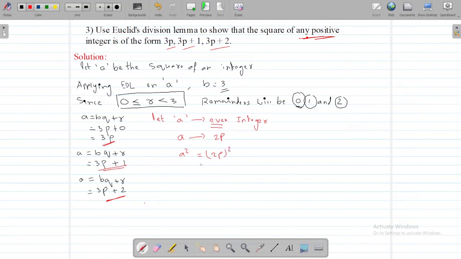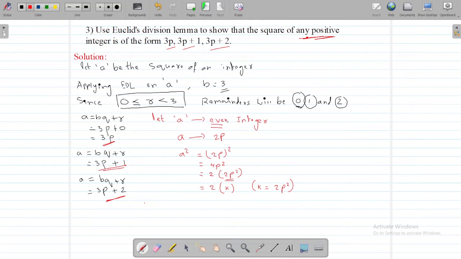So now we'll get the value of 4p square, which is nothing but, taking 2 common, 2 times 2p square. Or in place of 2p square I'll write k. Why? Because here I'm taking the value of k as 2p square.